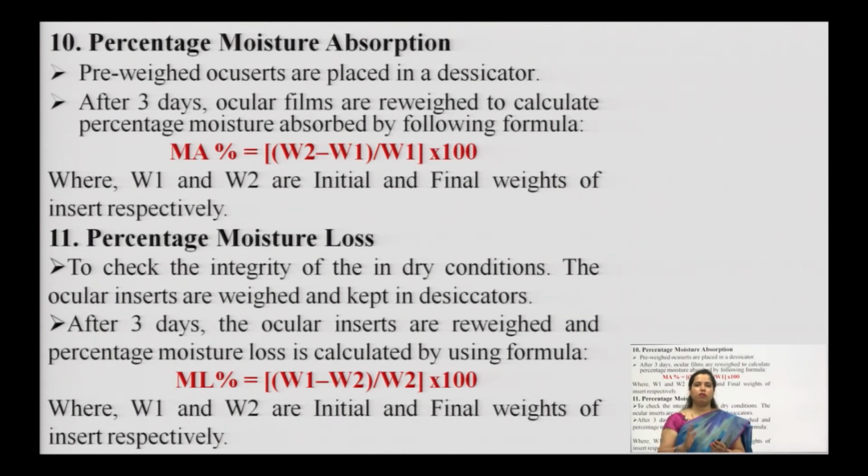But if that is not done, then percent moisture loss needs to be calculated to give proper instructions to the patients before use, right. After 3 days the ocular inserts are reweighed and percentage moisture loss is calculated using the following formula. Moisture loss percent is equal to W1 minus W2 divided by W2 into 100, where W1 and W2 are the initial and final weights of the occlusert respectively.